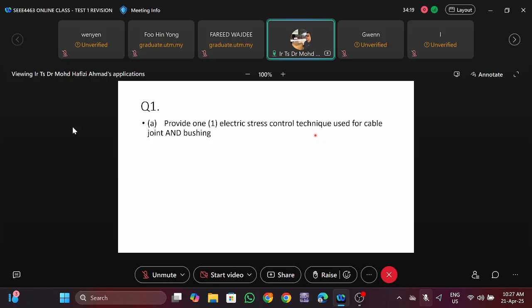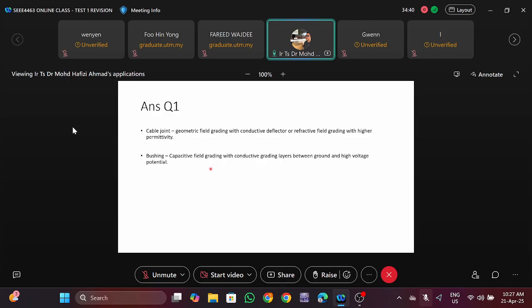For this kind of question, you are required to provide one electric stress control technique, especially used for the cable joint and also the bushing. They are not the same technique. Basically we have two kinds of techniques for cable joint. Basically we are using geometrical field grading.